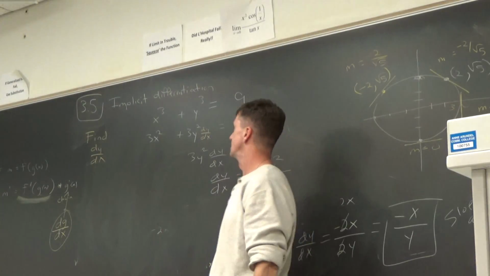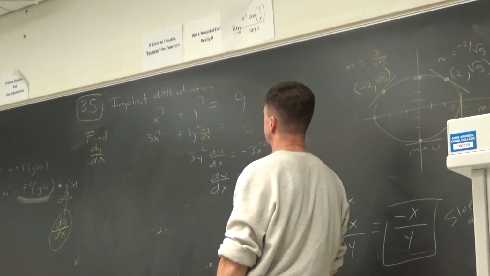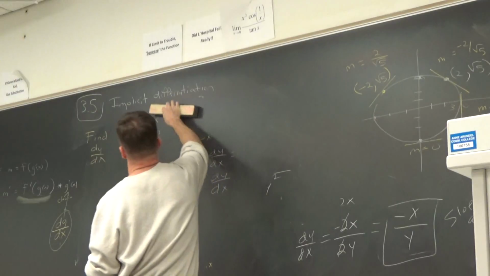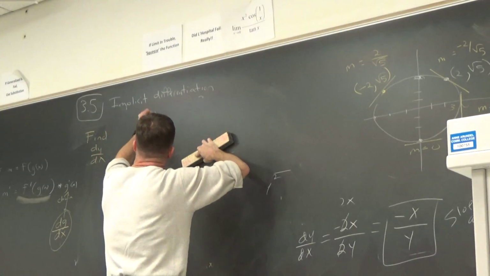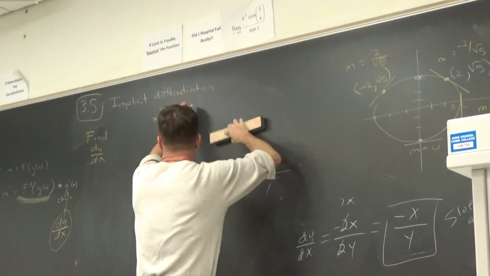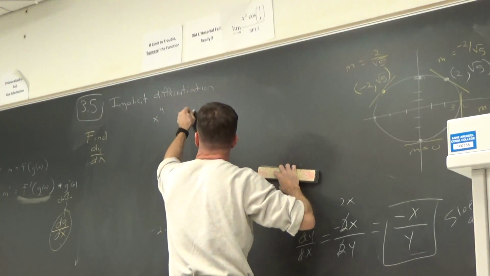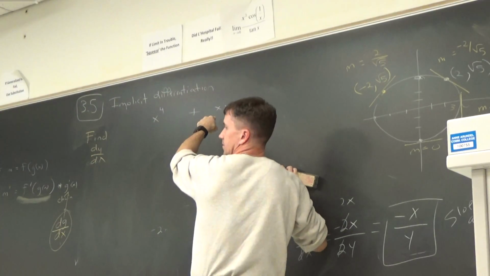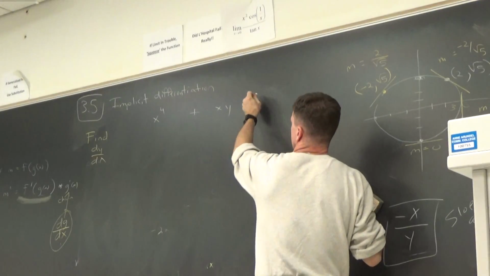Cool? So, how hard do these get? Something like this. And you got x to the fourth. Oh, that was easy. Oh boy.